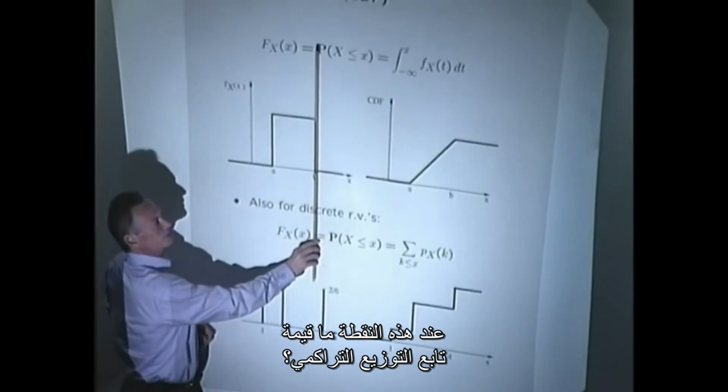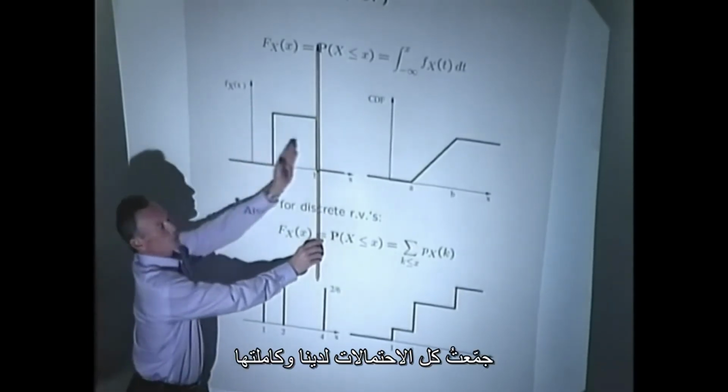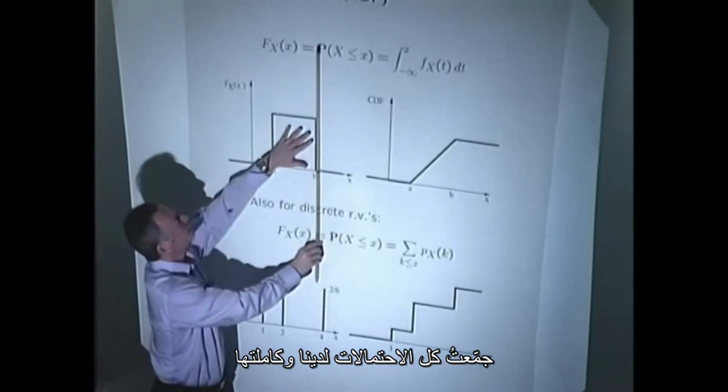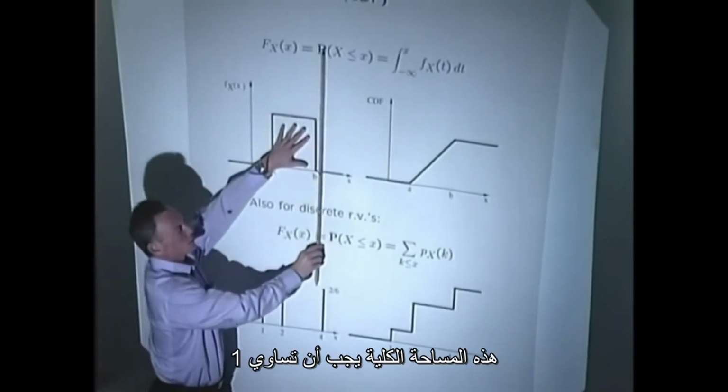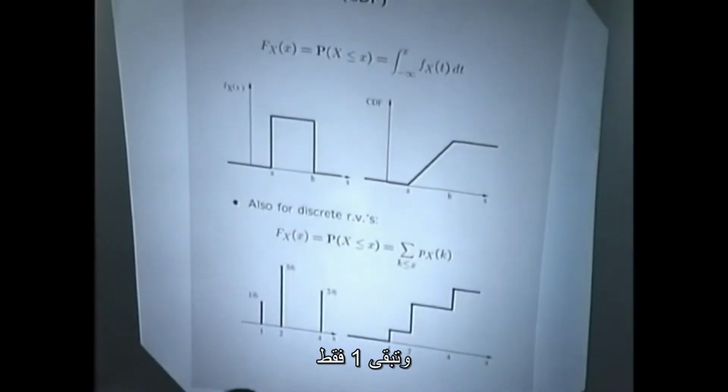At that point, what's the value of my CDF? 1. I have accumulated all the probability there is. I have integrated it. This total area has to be equal to 1. So it reaches 1, and then there's no more probability to be accumulated. It just stays at 1. So the value here is equal to 1.